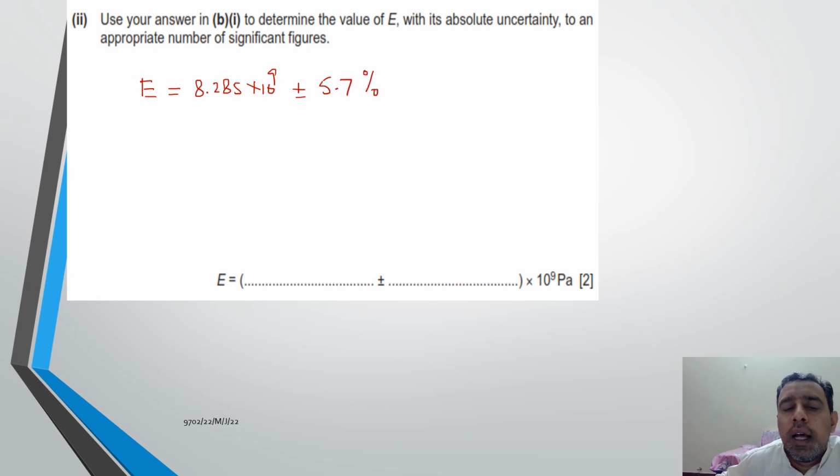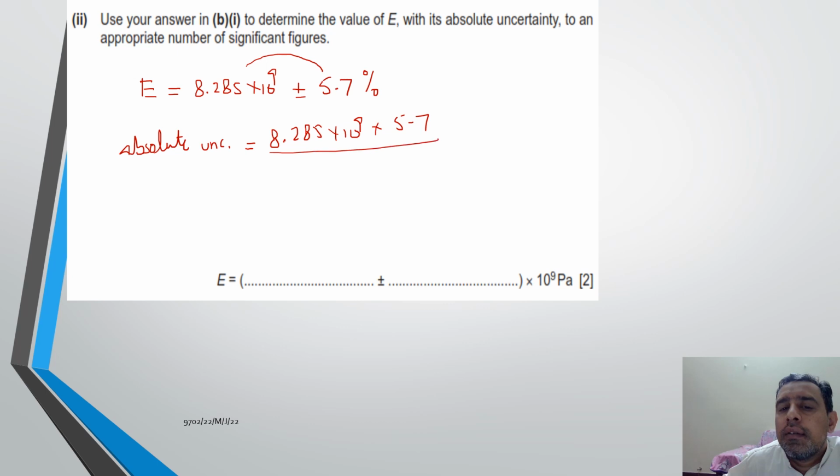To get the absolute uncertainty, we have to multiply these two terms and divide by 100. Means the actual value 8.285 into 10 to the power 9 multiplied with 5.7 and divided by 100. The answer is 0.472 into 10 to the power 9.